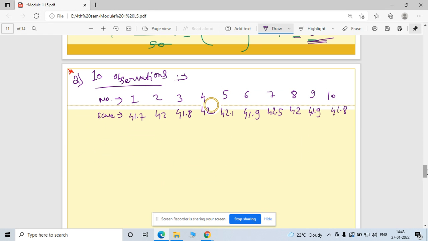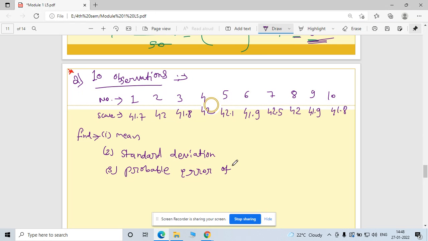You need to find out here: first is the mean, second is the standard deviation, and third is the probable error of one reading.